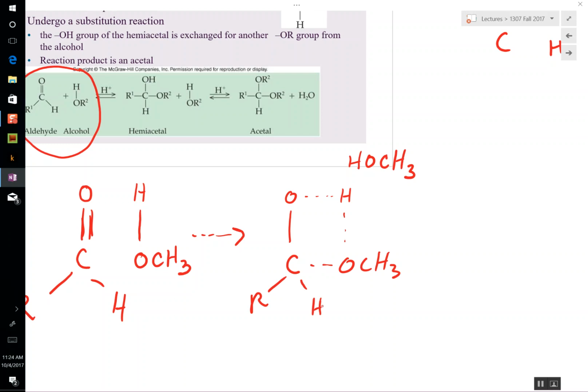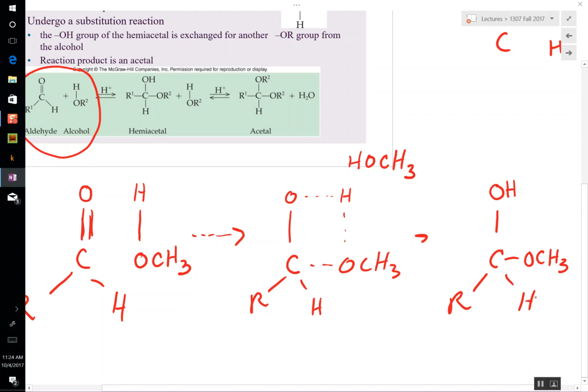We're going to form this bond, and we're going to finally get to this point. That's going to be our final product. The hydrogen is going to go on the oxygen, and the rest of the alcohol molecule is going to attach itself right here.